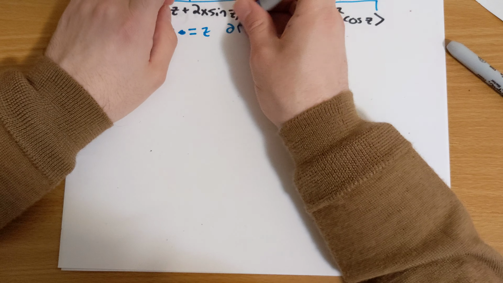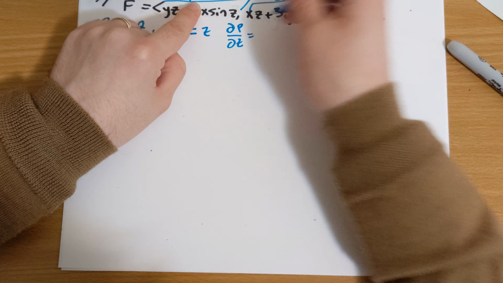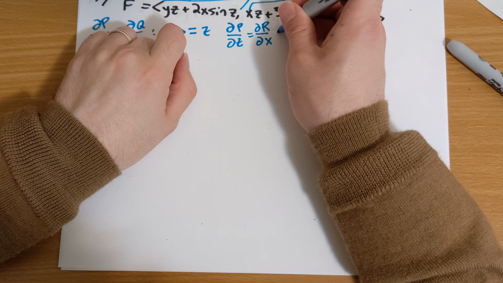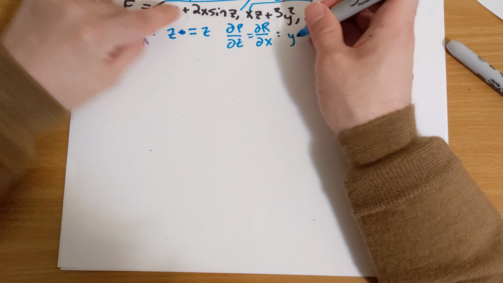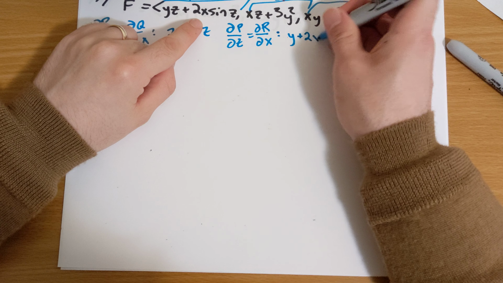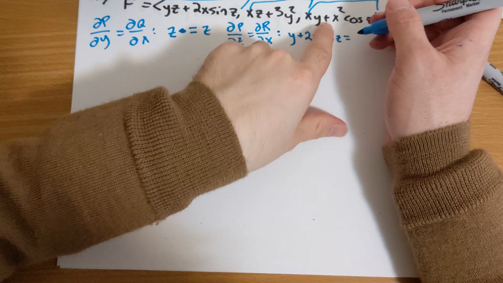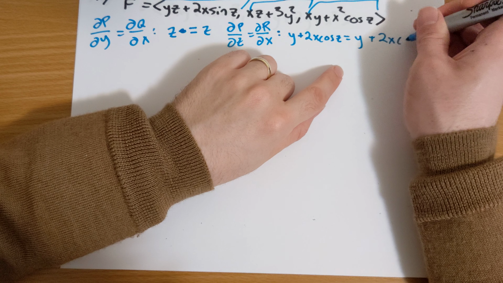Partial derivative of p with respect to z needs to equal partial derivative of r with respect to x. Partial derivative of p with respect to z will be y plus 2x cosine z. That needs to equal the partial derivative with respect to x, y plus 2x cosine z.